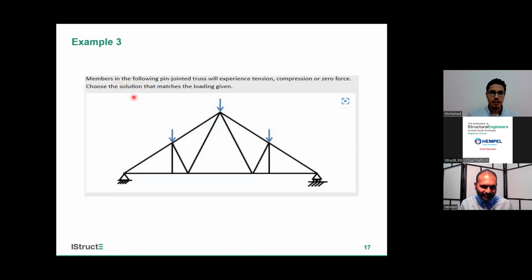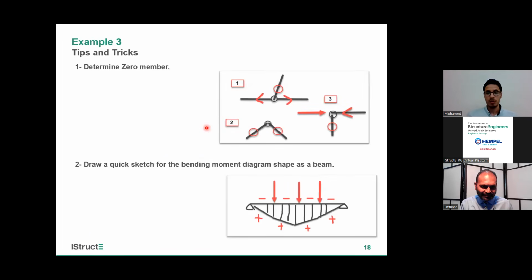Here we will have a truss. The question asks where the tension, compression, or zero forces are. First, before we start, we have to select our zero members. What is a zero member, or zero force member?